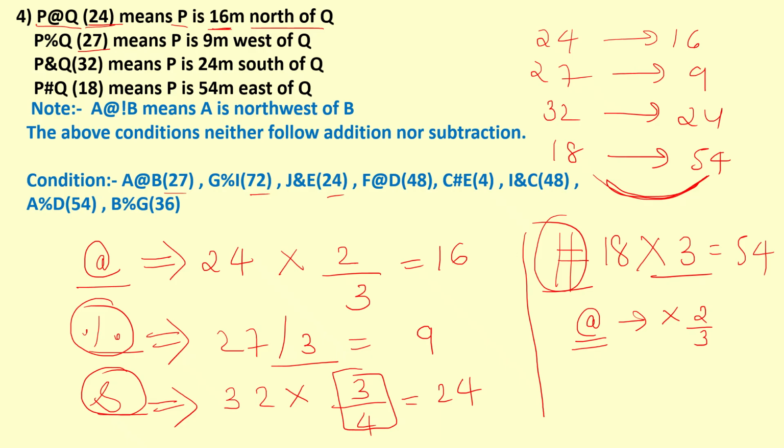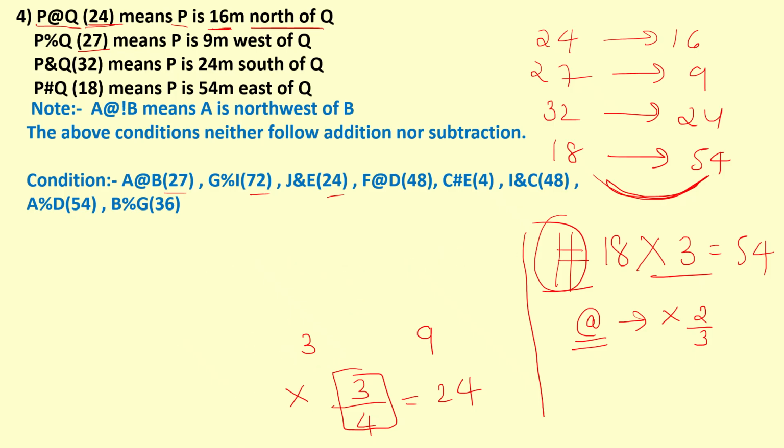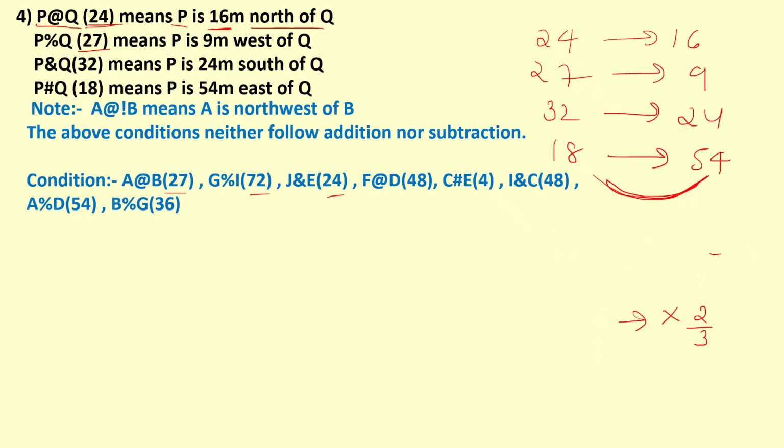So here you need to use this logic for each and every number, for whatever conditions they have given. So here you first solve for at. For at, what is the logic? You need to multiply by 2 by 3. Here I will write.